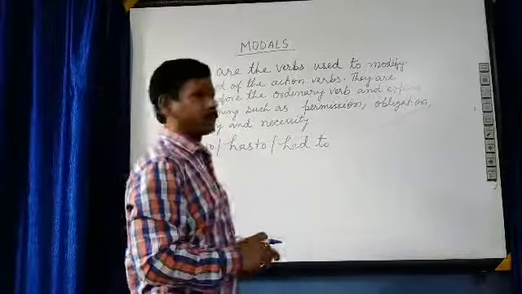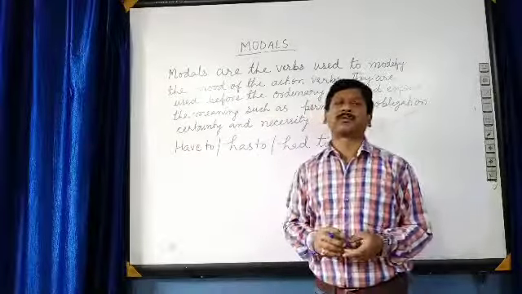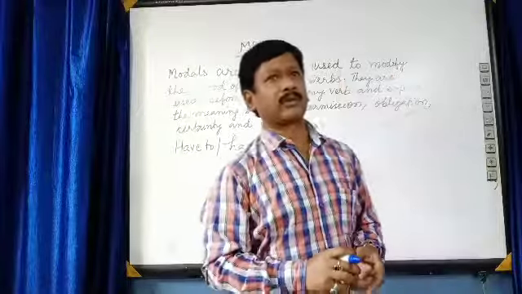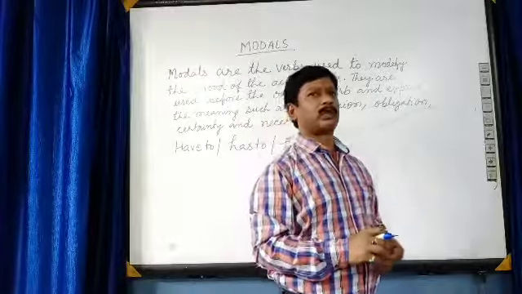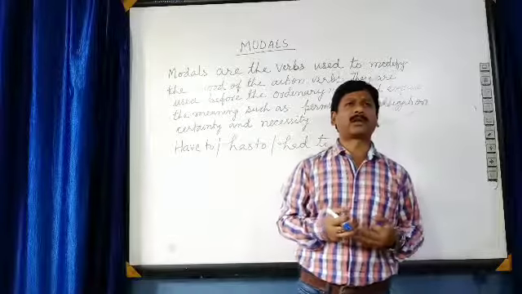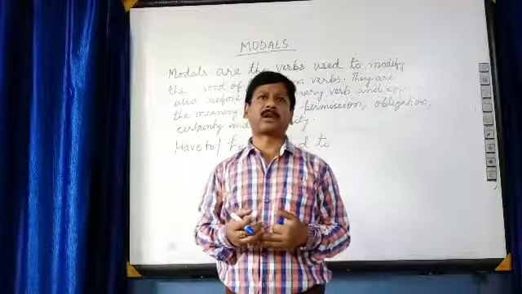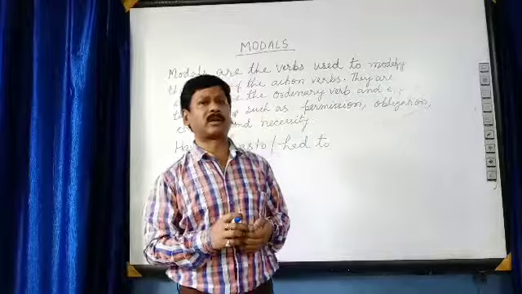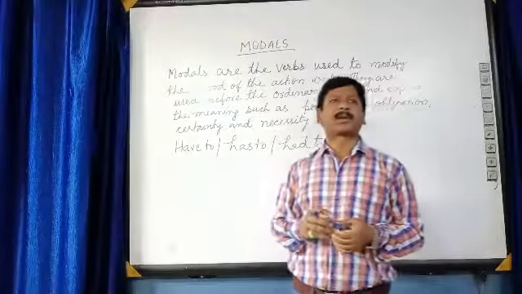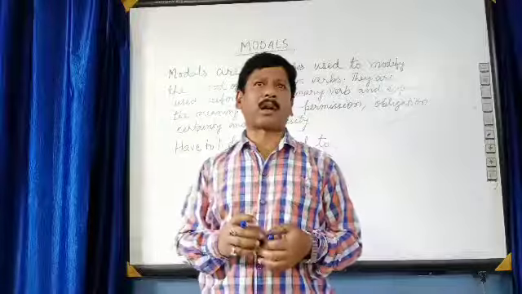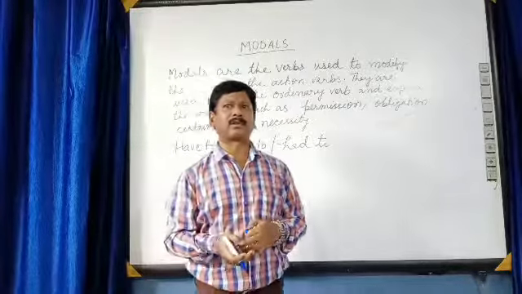Where do you have to use have to? In the present tense, you use have to or has to. When you are bounded to do some work, when it is very necessary that you do this work, in that case you use have to and has to. Suppose I have to finish the work, that means it is very necessary.